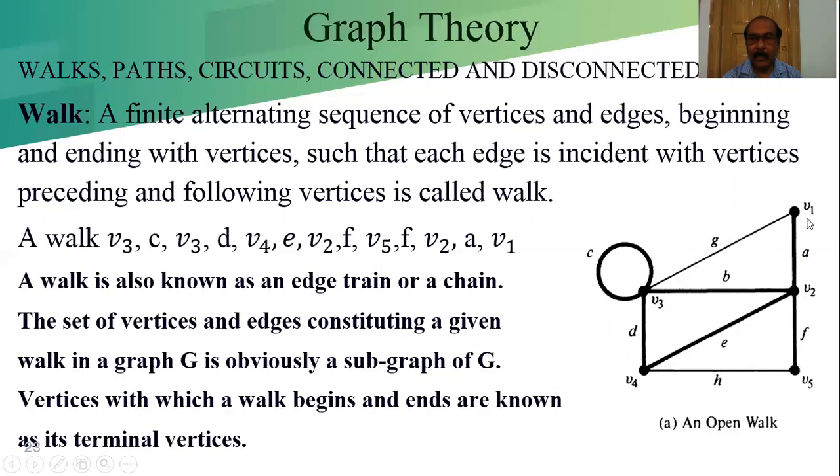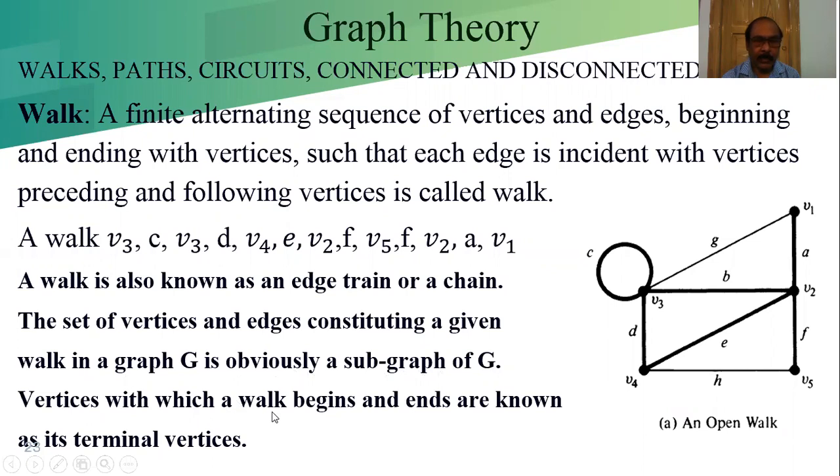If we consider a walk, all the edges and all the vertices are present in G. That's why a walk of a graph G is obviously a subgraph of G.